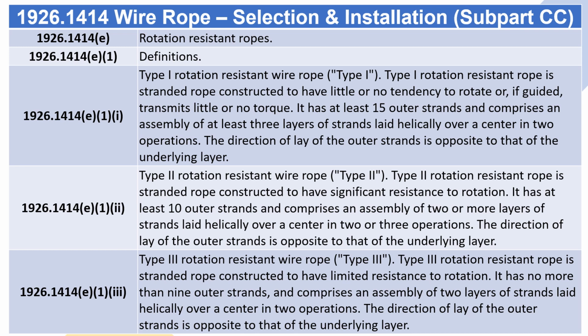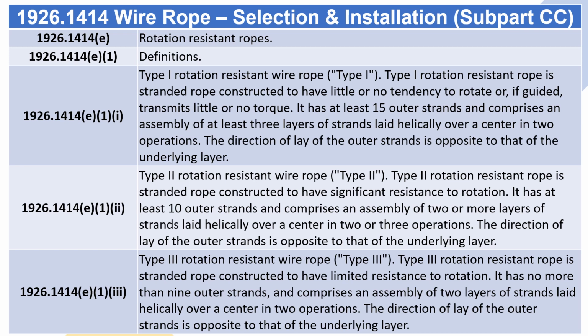Type 2 rotation-resistant wire rope. Type 2 rotation-resistant rope is stranded rope constructed to have significant resistance to rotation. It has at least 10 outer strands and comprises an assembly of 2 or more layers of strands laid helically over a center in 2 or 3 operations. The direction of lay of the outer strands is opposite to that of the underlying layer.